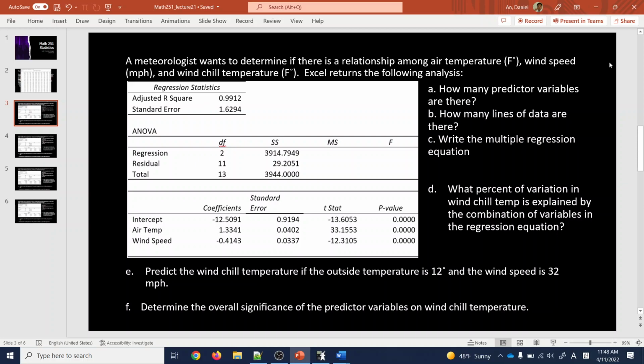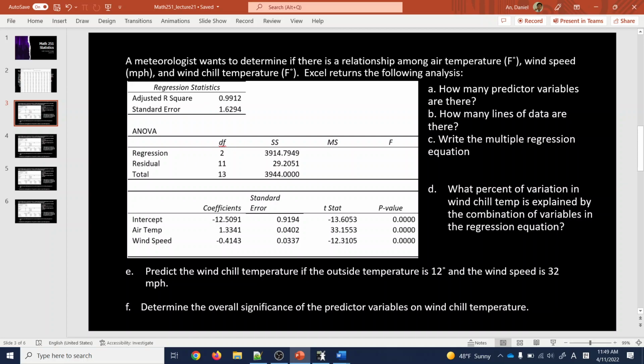Oh, actually, if I read this, it looks like the air temperature and the wind speed are given, and then from that you have to find the wind chill temperature. Okay, so I got that slightly backwards. You're trying to predict the wind chill temperature from the air temperature and wind speed.